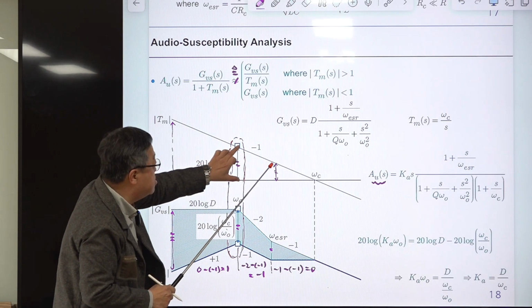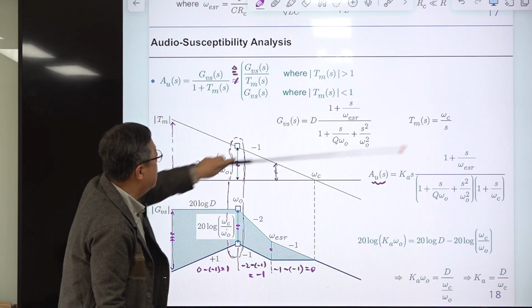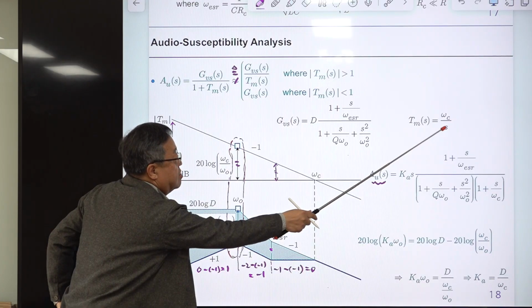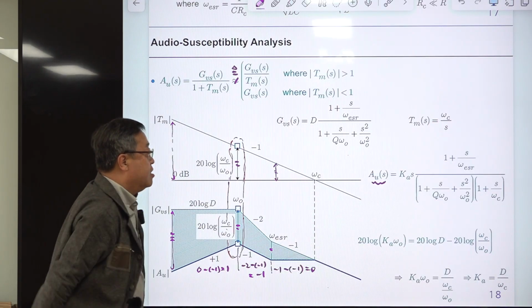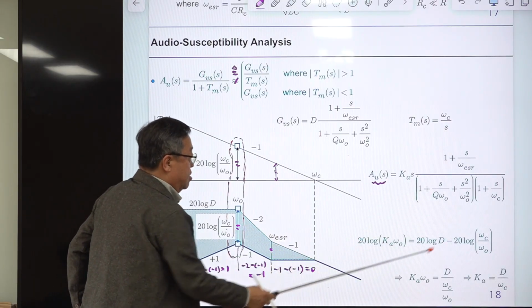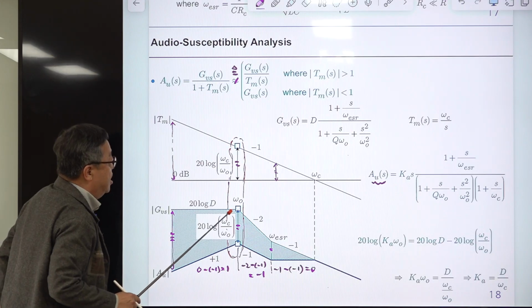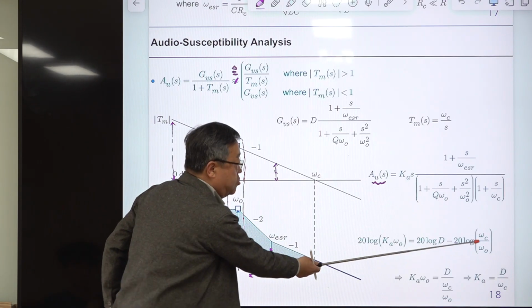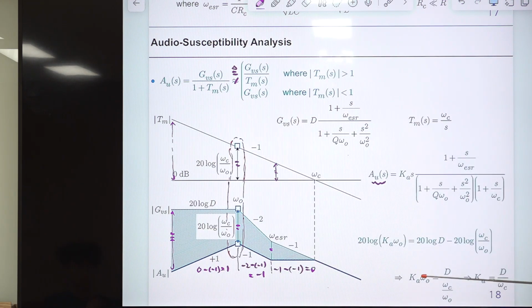Okay, you know this length because you know the equation of this, and to find out this length, you just plug this omega naught here. So in log scale, this one is obviously 20 log D minus 20 log this one. So this is log scale. Then go back to the linear scale, and you have this, and with K_a is this one.